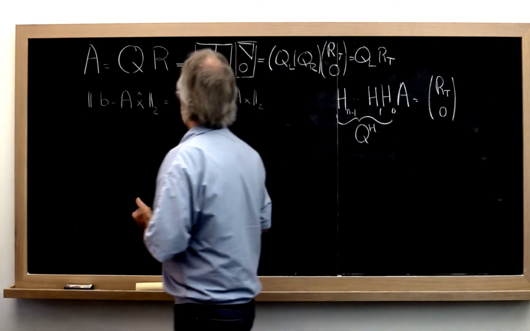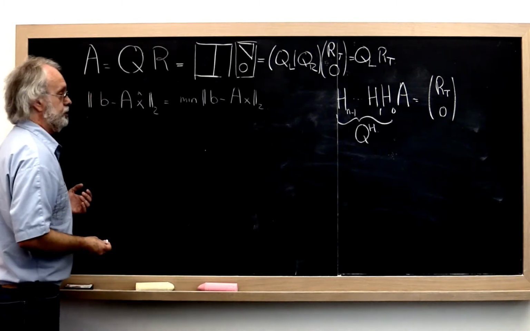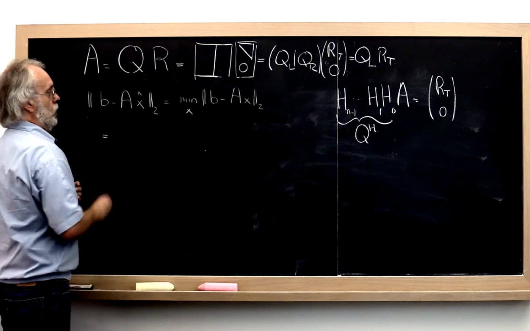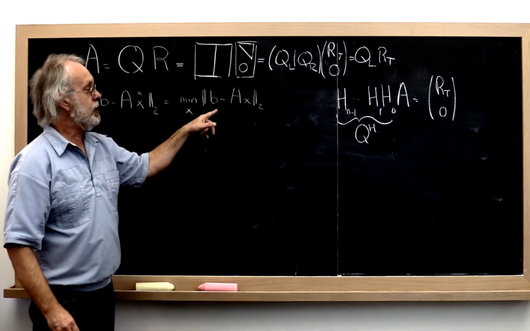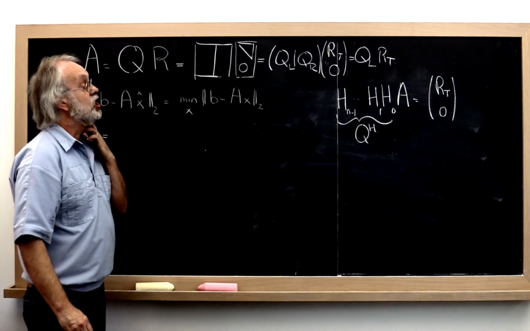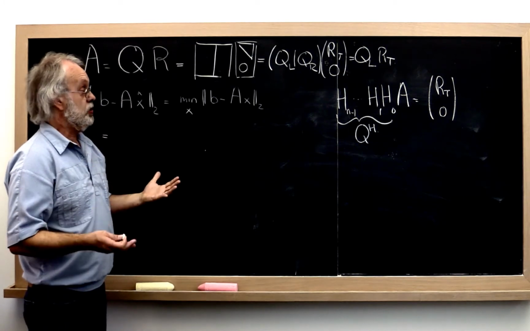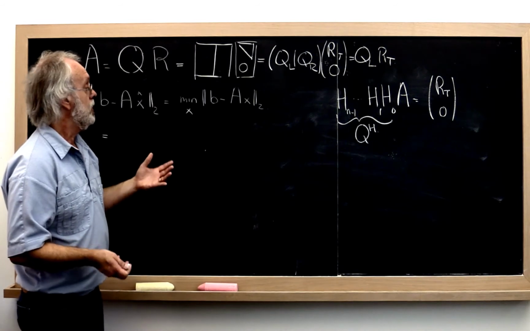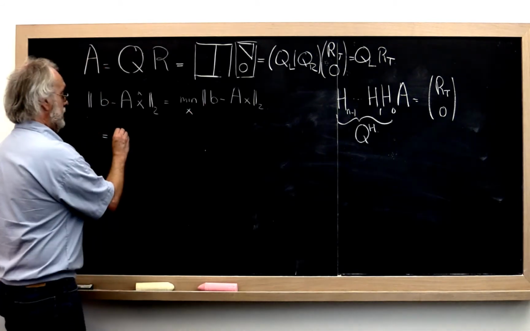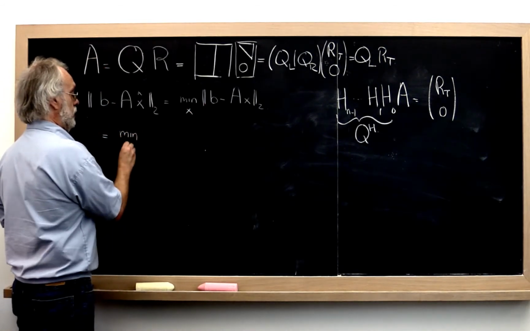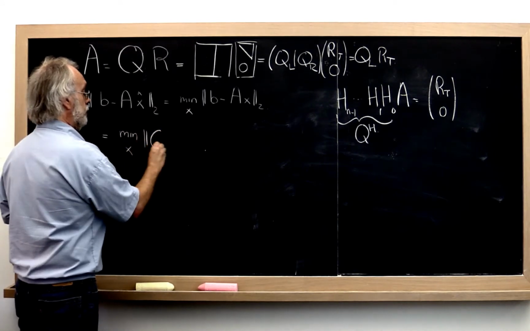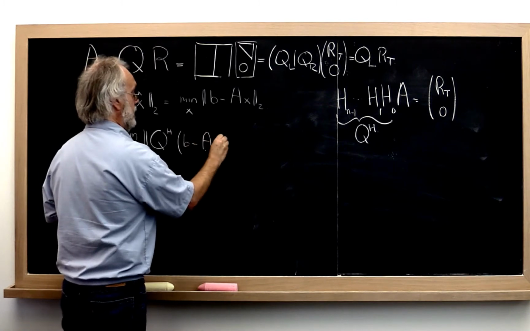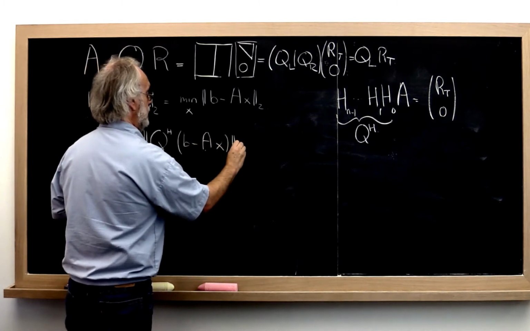Now let's go back to this right here. What we know is that multiplying by a unitary matrix doesn't change length. So this is equal to the minimum over all x of the norm of Q Hermitian times b minus A x.